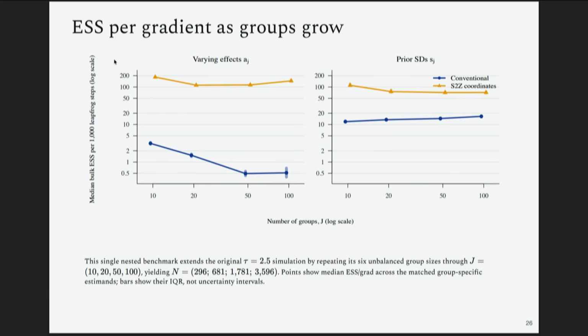And so you can see we get basically linear scaling in the sense of the ESS per grad. But for the conventional model, for the varying effects, it drops quite a bit. And who knows? I didn't want to wait any longer. So if you just extended it out to 1,000, I imagine that would keep dropping, but we'd have to see.